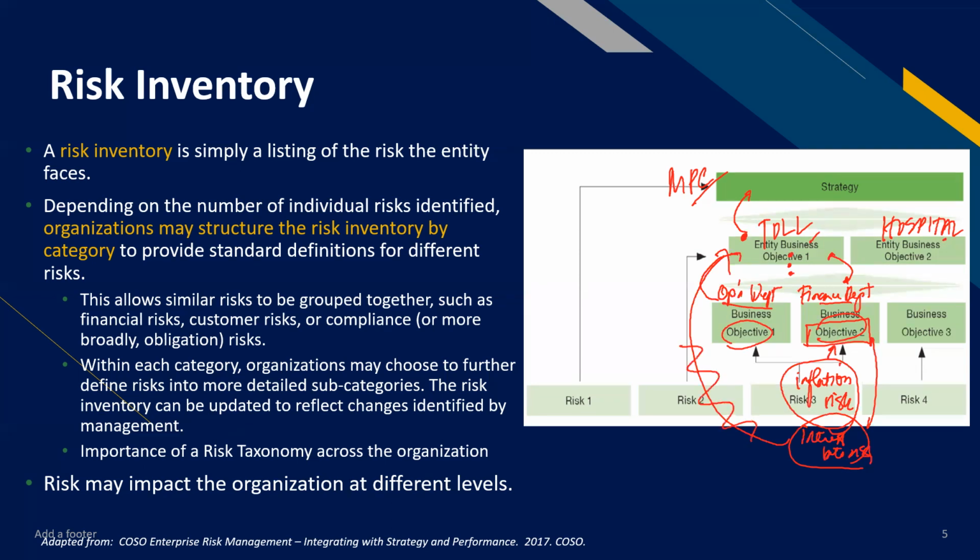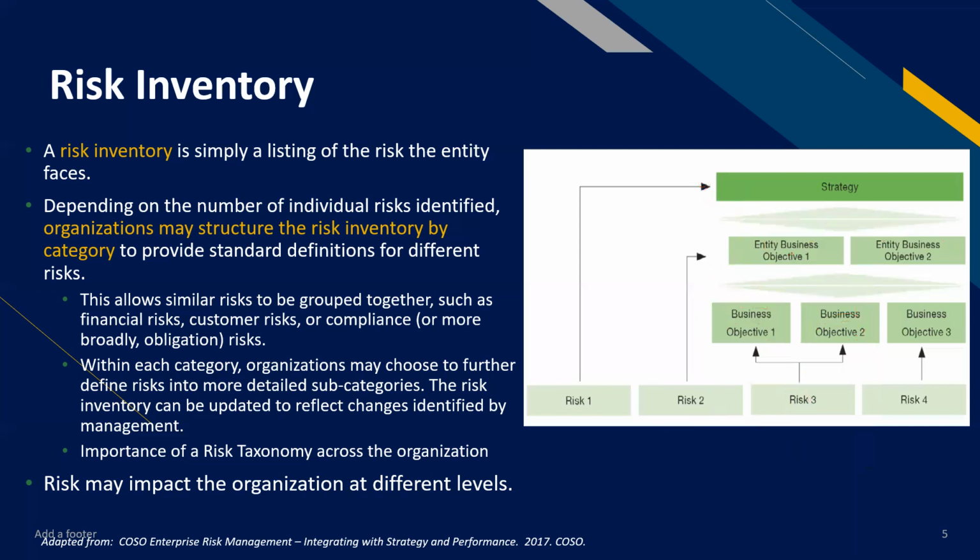Pwedeng hindi, right? Or it might not be significant enough to affect MPIC corporate objectives, right? So you have to realize that risks might be benign, meaning not that deadly, or risks can be so significant that they affect strategy altogether.